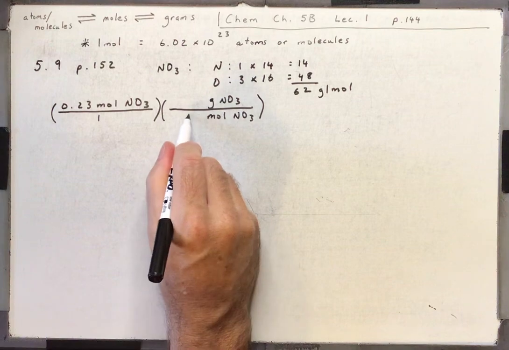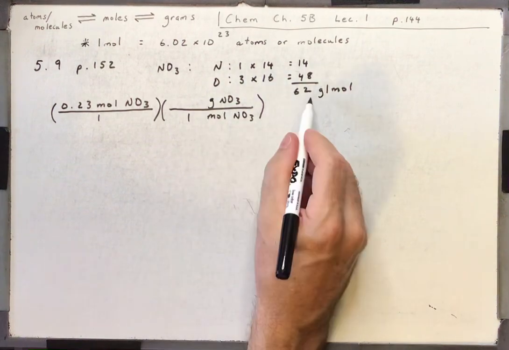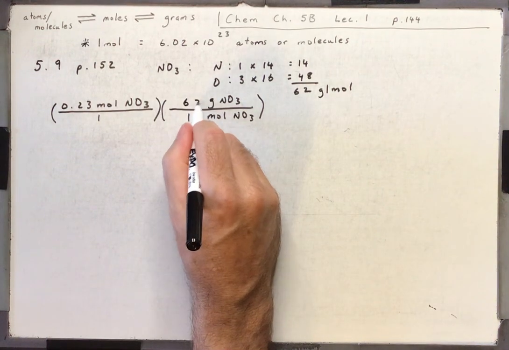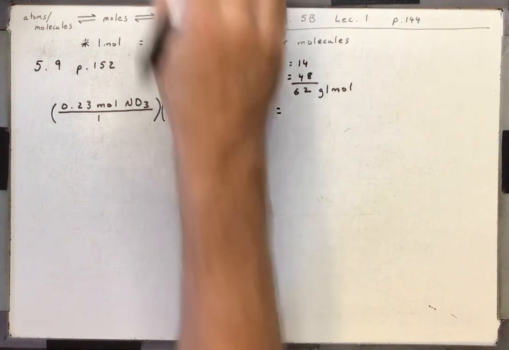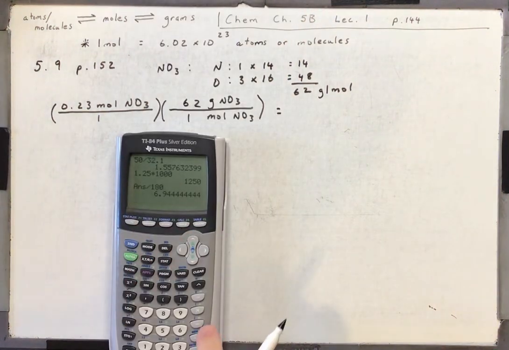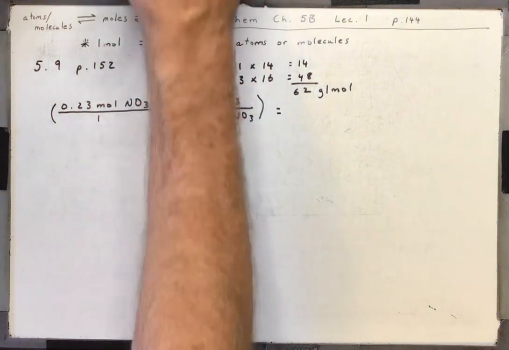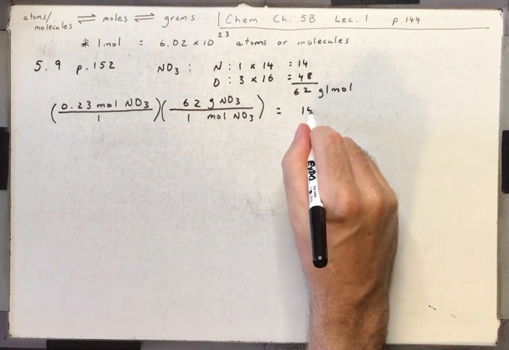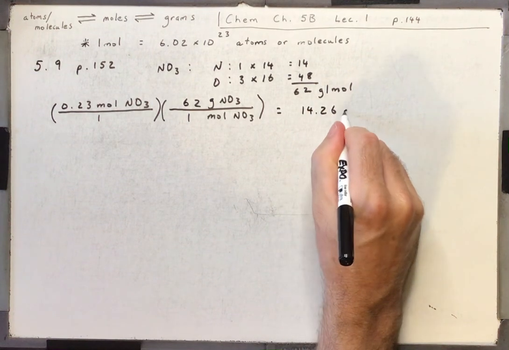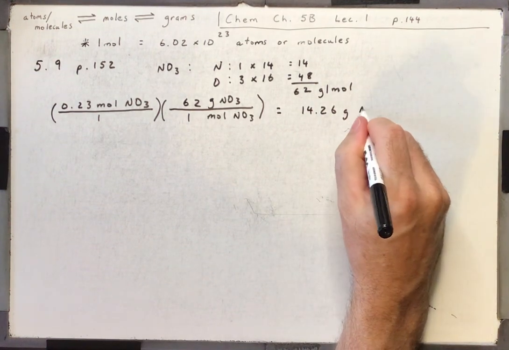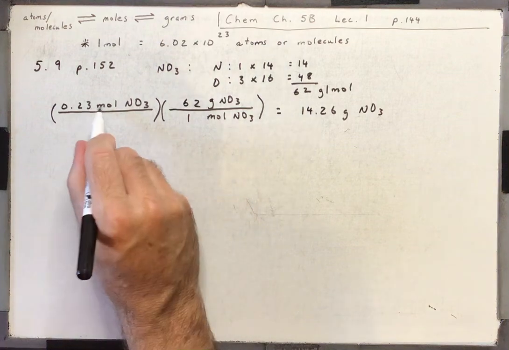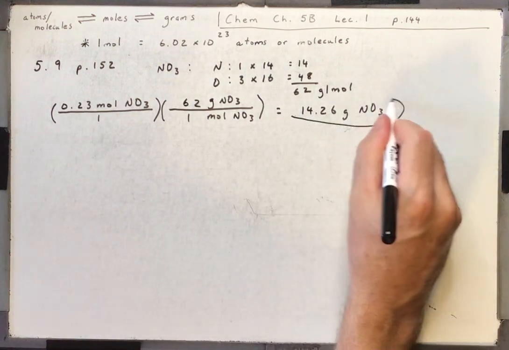The 1 always goes by the mole, and then we just added it up. There's 62 grams per mole. So pretty easy here. We're just going to do 0.23 times 62, 14.26 grams of NO3. If you have a 0.23 mole sample, this is how much it's going to weigh.